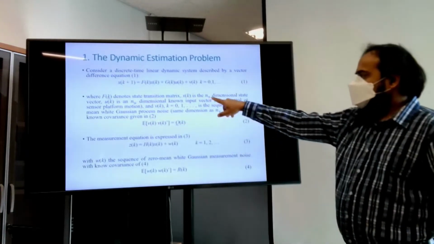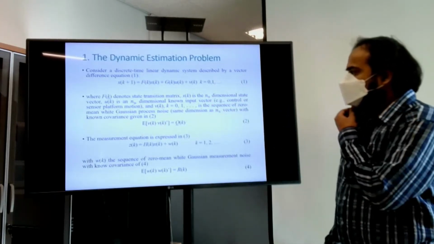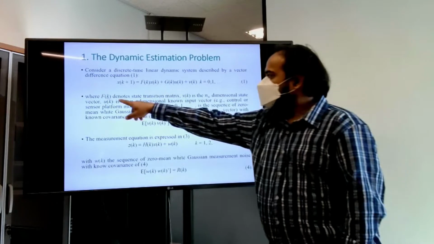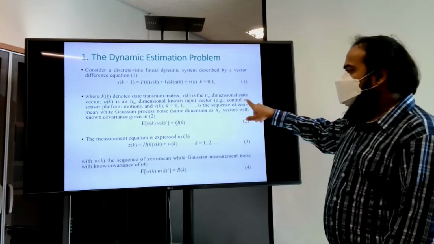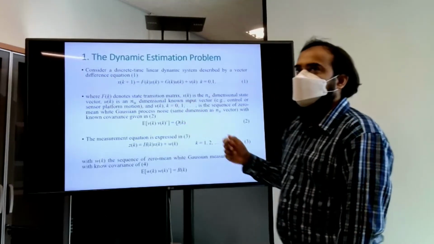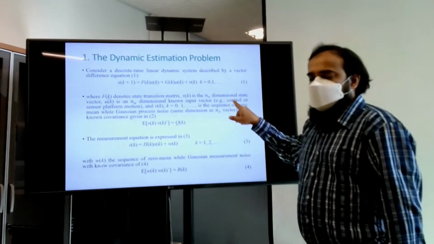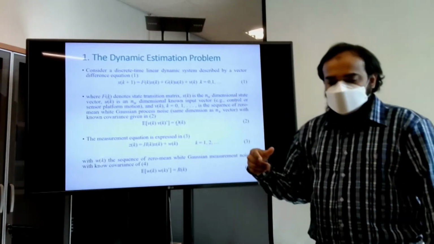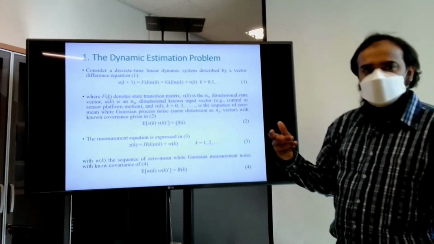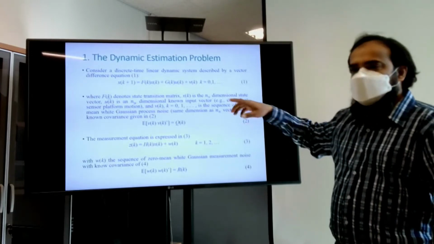Xk is the state vector with dimension nx. Uk is a known input vector. Uk can be control inputs or sensor platform motion. For example, in the case of a UAV, the control inputs may include the thrust control input and another control input which controls the flight.